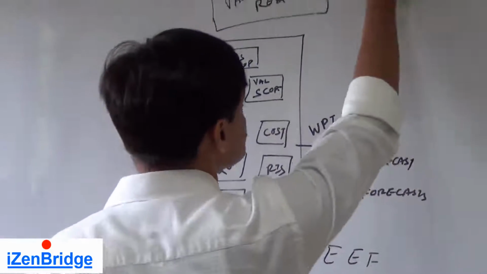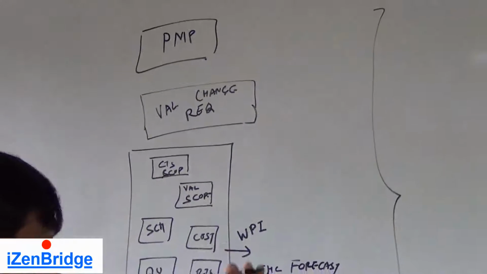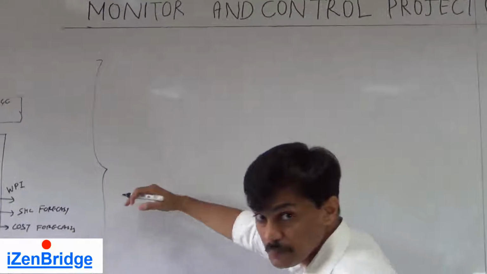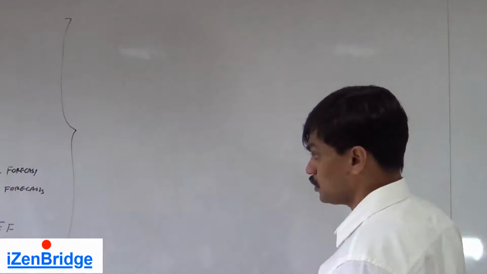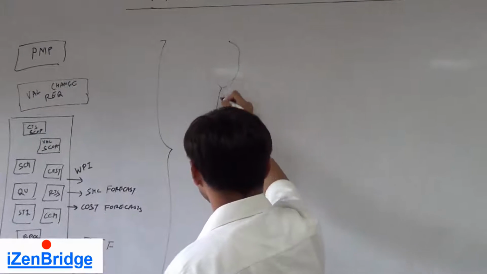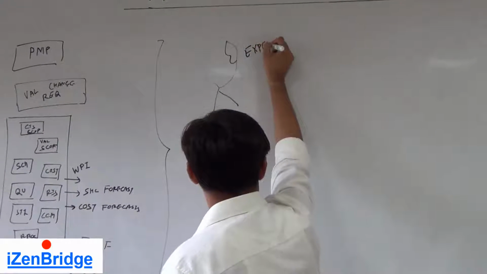Now, what do we do with all this information? We need to convert it into a work performance report. So our goal is that from this process we produce the work performance report. Now, how do we do that? We need to put our minds to it. So again, this process also needs expert judgment.